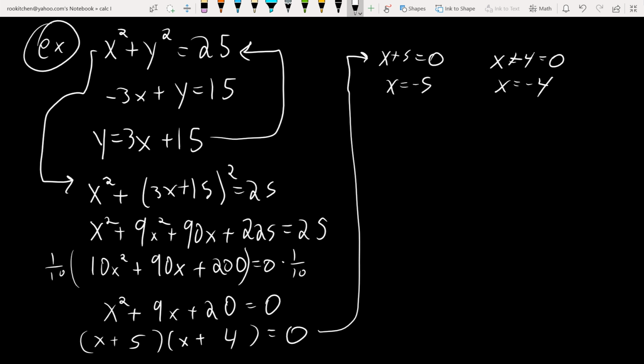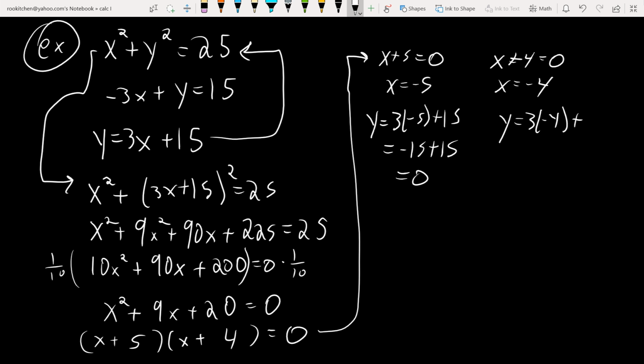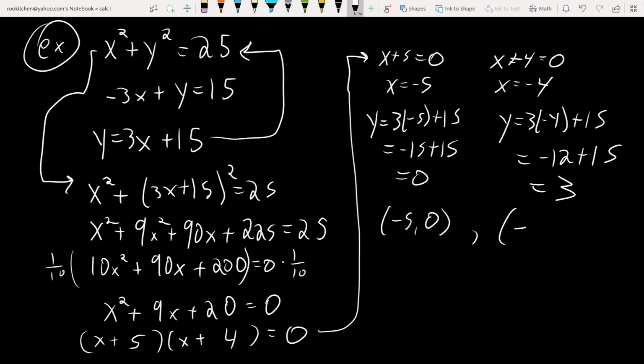And then get the corresponding y coordinate. So y will be 3 times negative 5 plus 15, which is negative 15 plus 15, which is 0. And then over here, y is 3 times negative 4 plus 15, negative 12 plus 15, which is 3. Okay, so our ordered pairs, negative 5, 0. And the other potential solution, negative 4, 3.